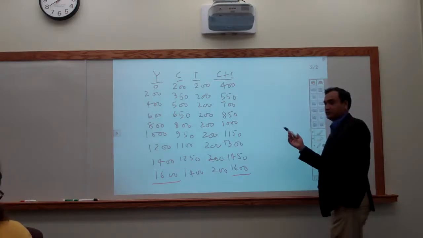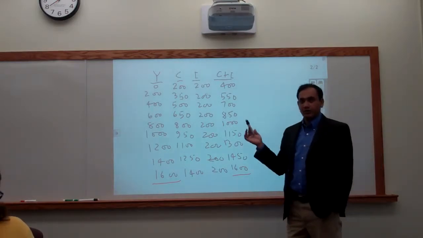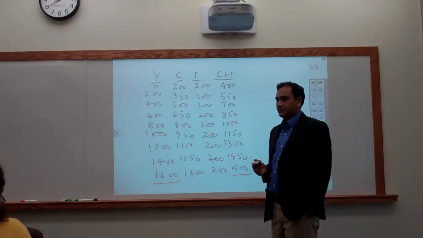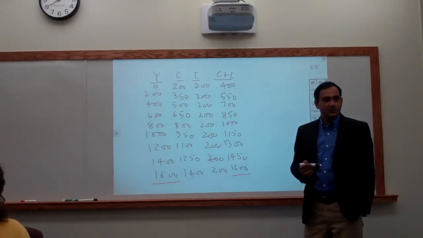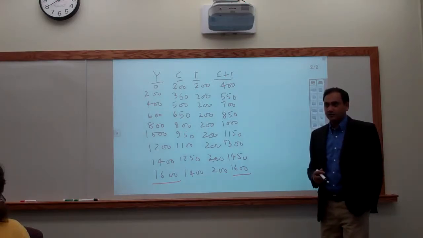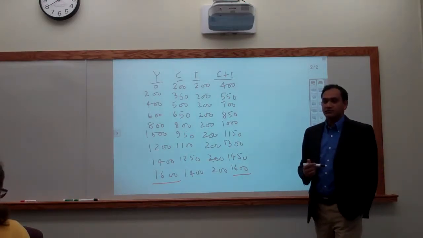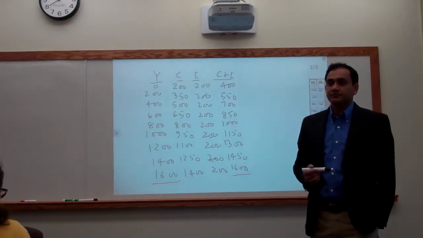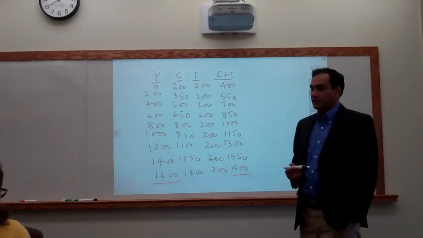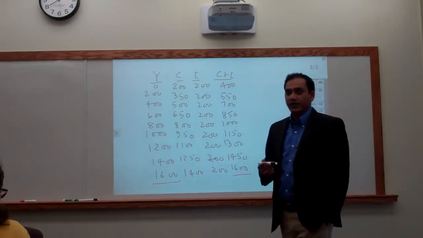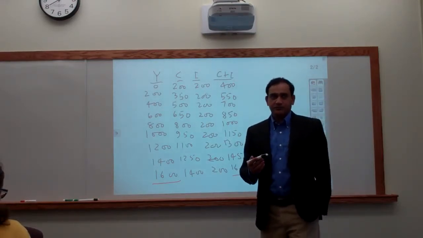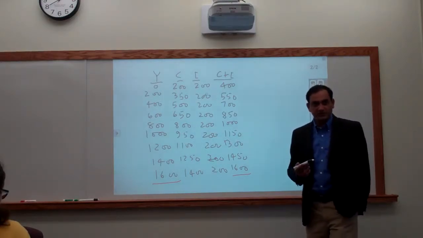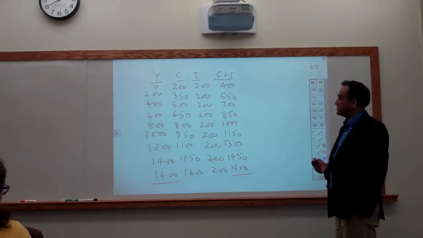Another way you can calculate GDP here is by looking at what? What else can we do with this table that gives us the equilibrium value of output? The change in inventory. You can calculate change in inventory, and equilibrium is where it's 0. So how do I calculate change in inventory here?